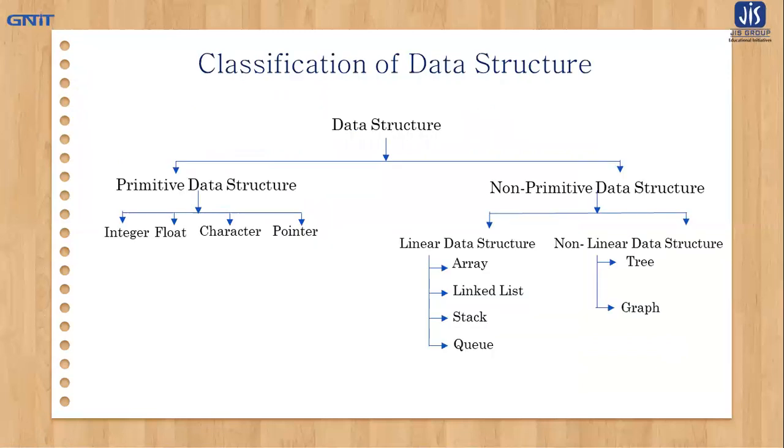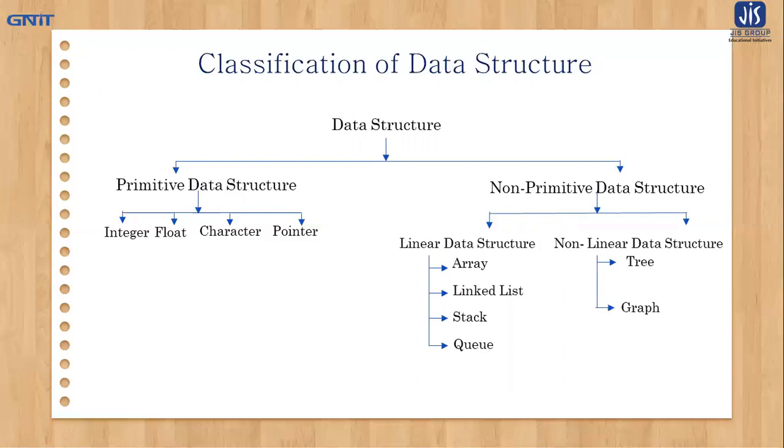Next is the classification of data structure. Mainly there are two kinds of data structure. First one is primitive data structure, and second is non-primitive data structure. Under primitive data structure, for this session, I will discuss the data structure using C language.